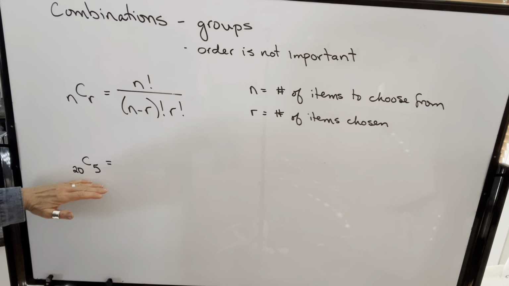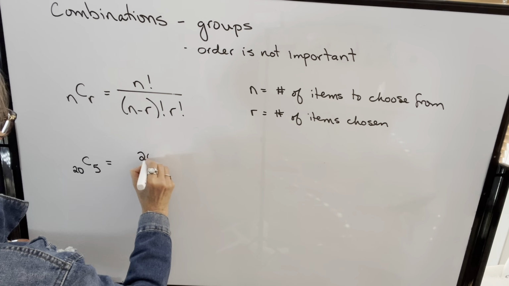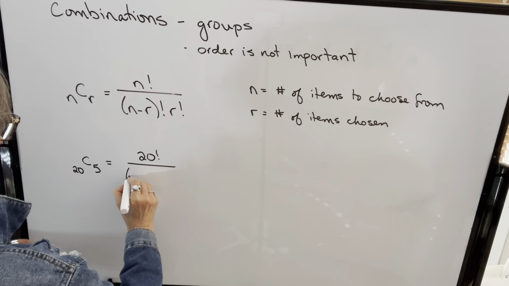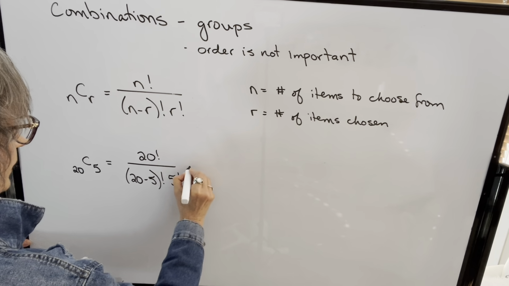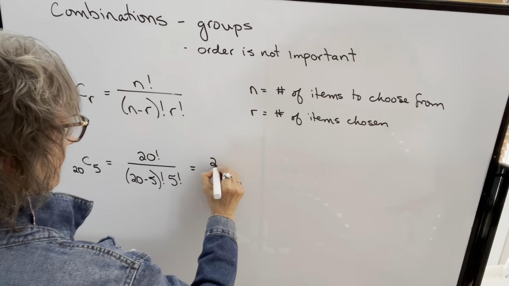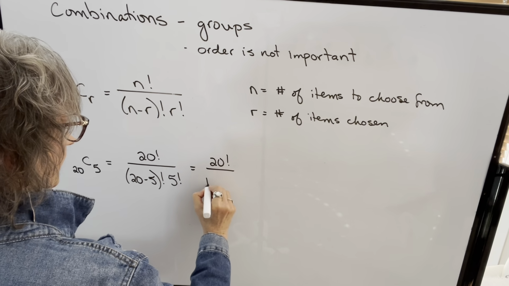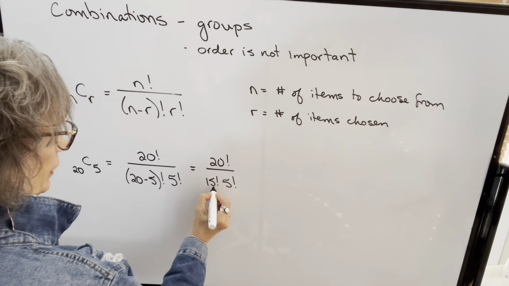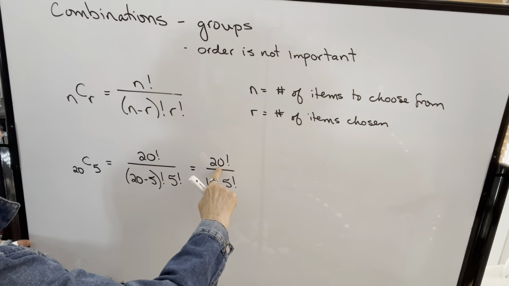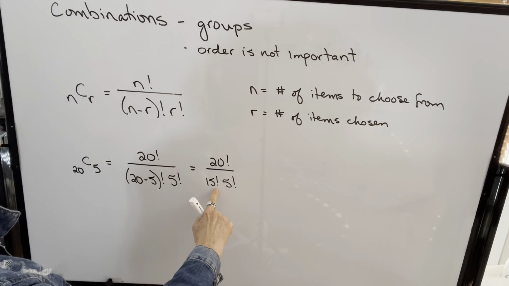Lastly, let's look at how many groups of 5 we have out of 20 distinct items. Plug into my formula, 20 factorial over 20 minus 5 factorial times 5 factorial. 20 minus 5 is 15. This is the largest factorial in the denominator. So when I expand this, I'm going to stop when I get to 15.